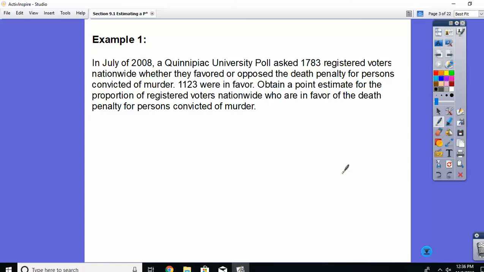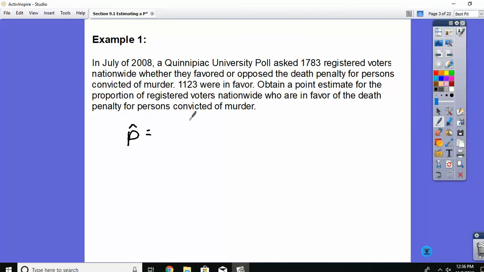Okay. In July of 2008, a poll asked 1,783 registered voters nationwide whether they favored or opposed the death penalty for persons convicted of murder. 1,123 were in favor. Obtain a point estimate for this. So point estimate, that's just the p-hat, like talking about the population proportion, that's the stuff we've done before. So what would I do here?